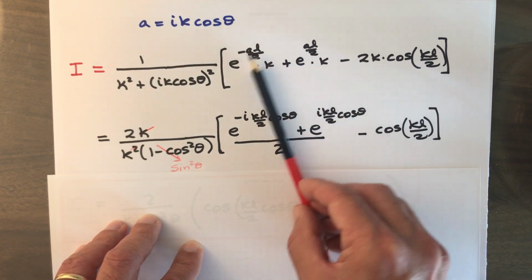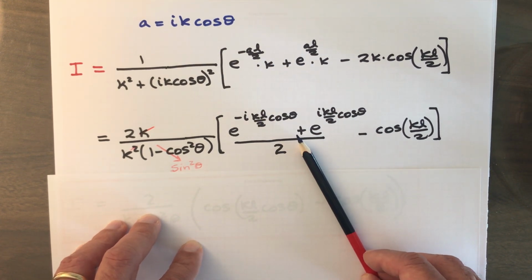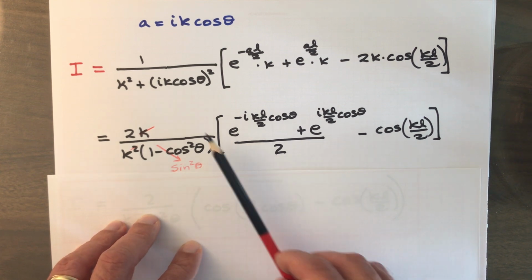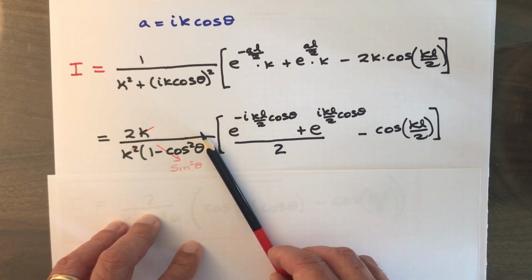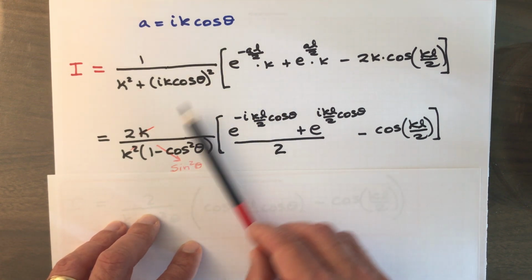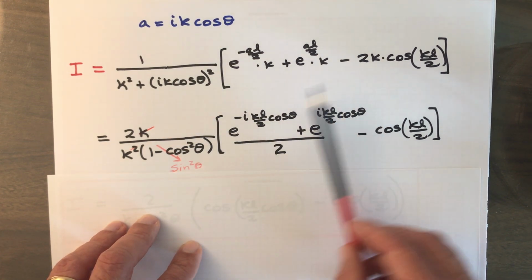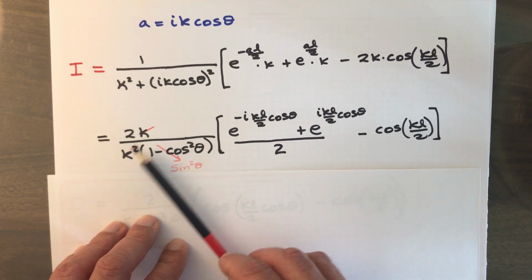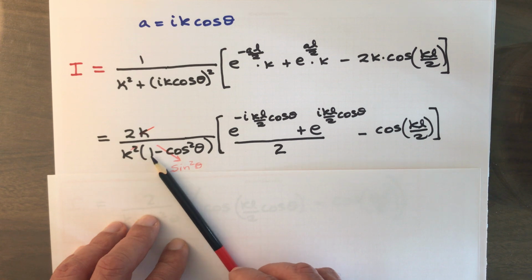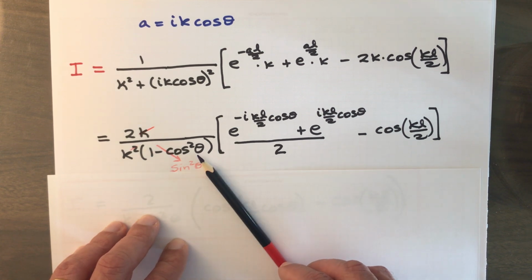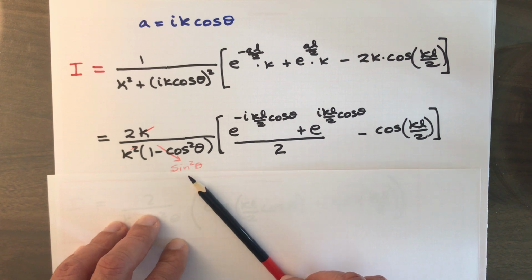That expression then looks very much like the definition of the cosine if we divide by 2, which is exactly what we do. We divide by 2 and multiply by 2, and then factor out the 2. There was a k that also got factored out from here, and we ended up with 2k divided by, also we factored out k squared here, and ended up with 1 minus cosine squared theta in the denominator, which of course is sine squared theta.